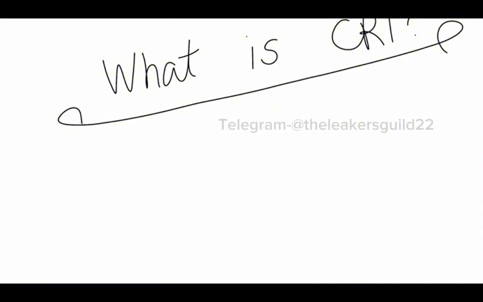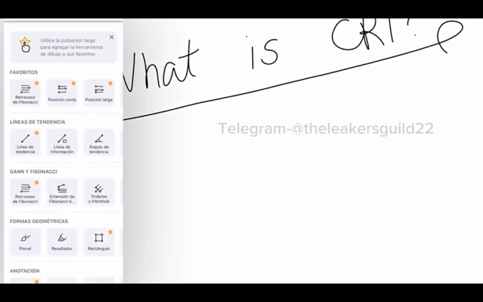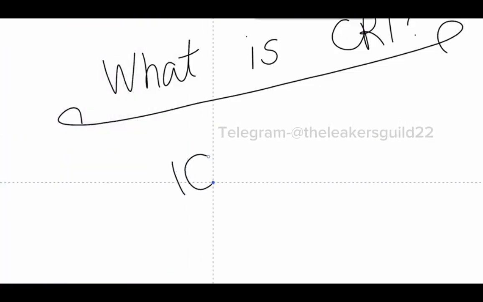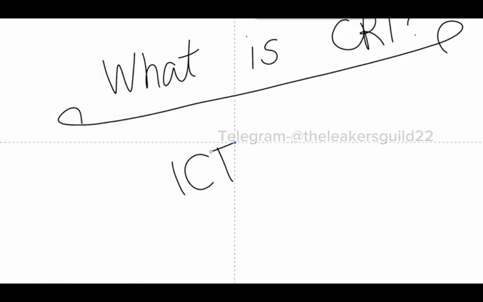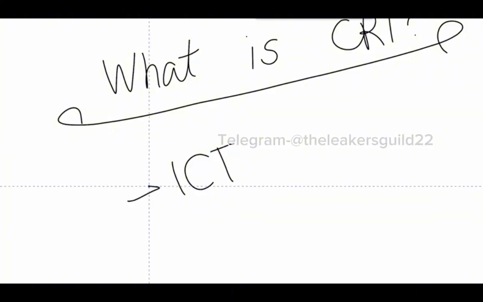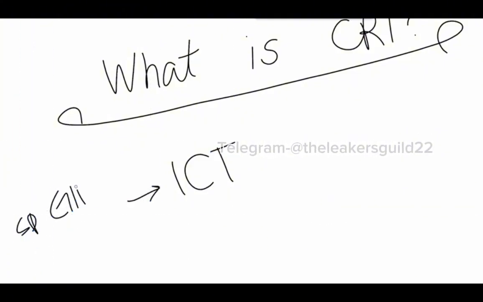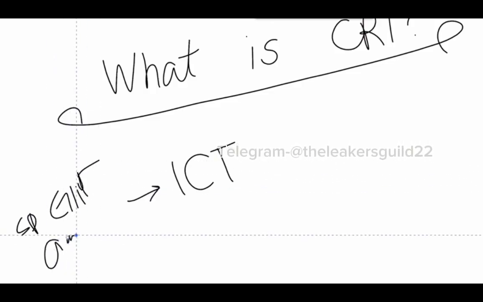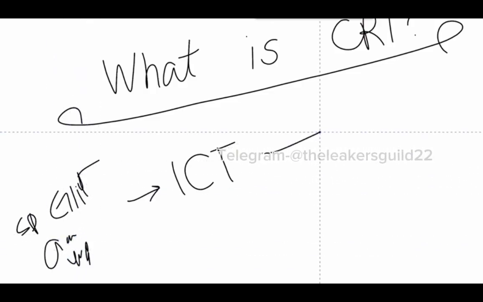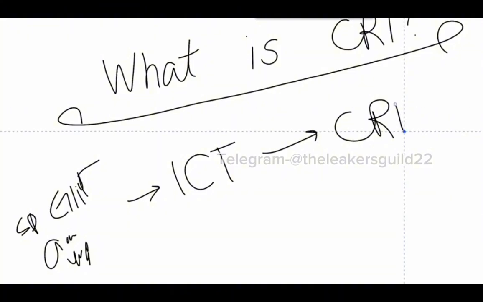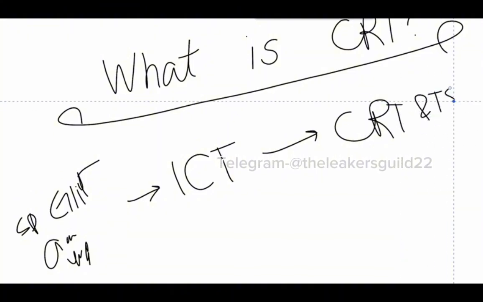So what I did was I took all of ICT's material and I did what he did to the technicals before him, right? And the conclusion was CRT and turtle soup.